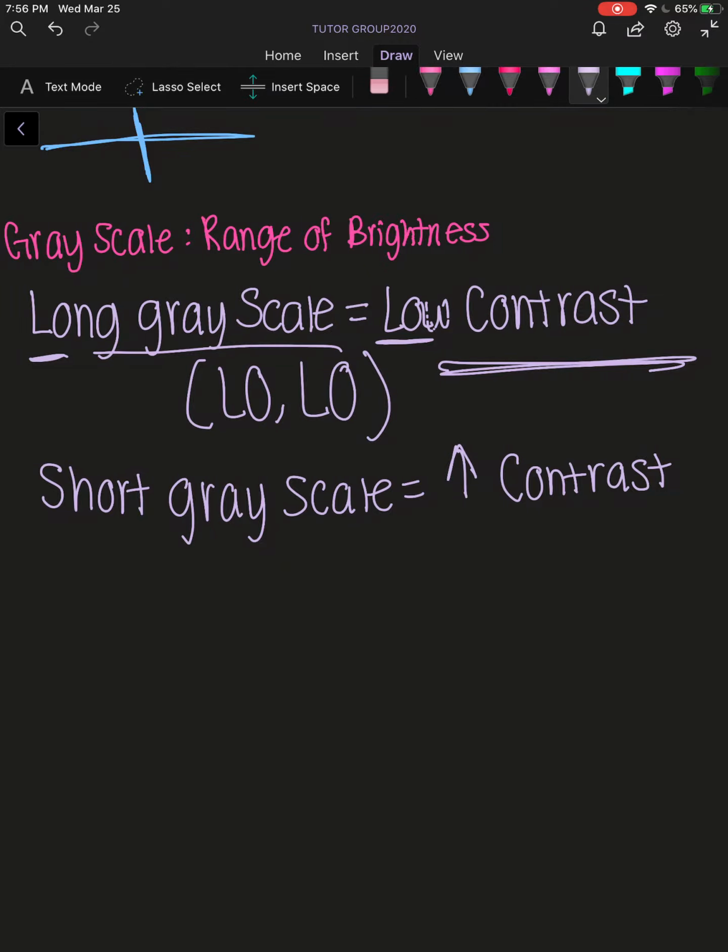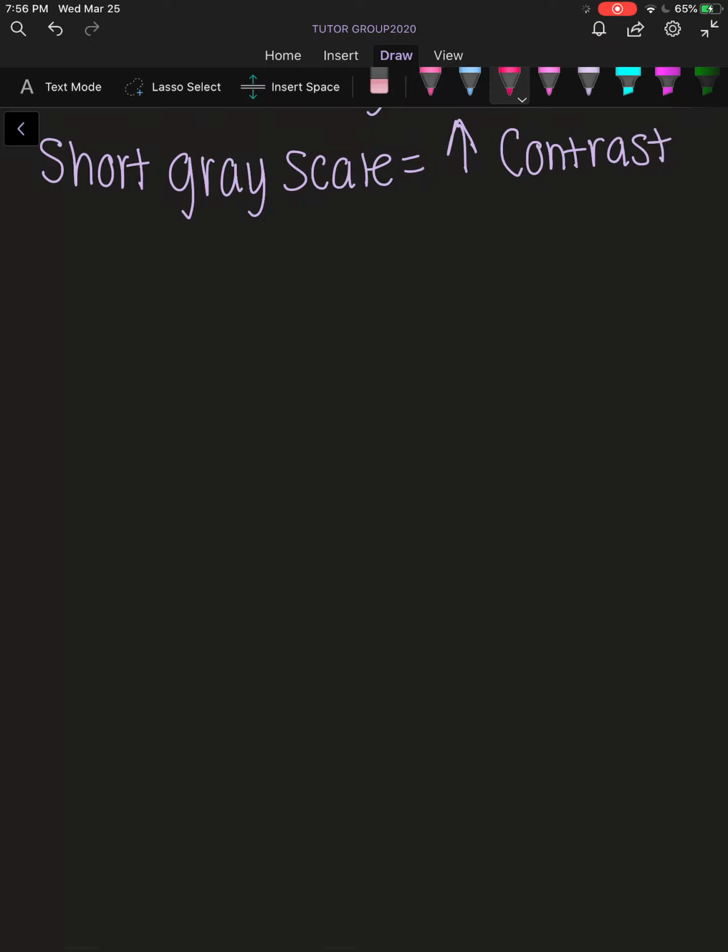Sometimes we also might add contrast agents to the body so that we can see it better. And those agents are iodine, barium, and air. One of the reasons we use barium is because it has a high atomic number. Also, we need to remember that contrast at the control panel is controlled side to side.